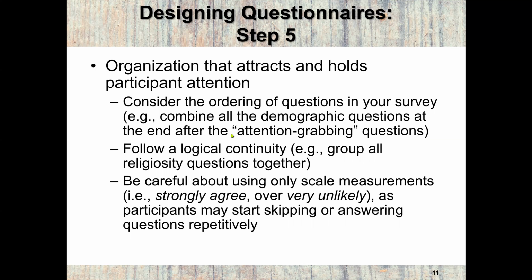For example, combine all the demographic questions at the end, after the attention-grabbing questions, because some participants don't feel like answering demographic questions, for example where you are living, your income level, your age, etc. Maybe they don't feel much interest and motivation to answer those questions. So we bring more interesting questions about the study first. Then at the end or in the middle of the questionnaire, we can come up with the demographic questions.